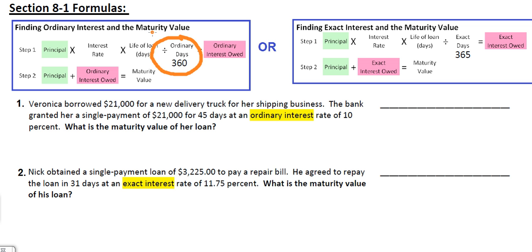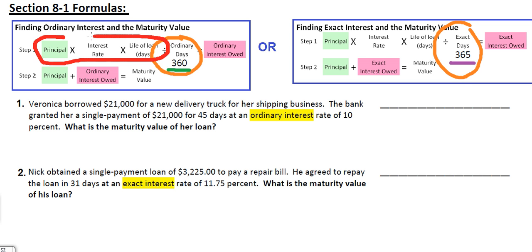And if we are, it will always be 360. Or are we using exact days? And if we're using exact days, it's always going to be 365. So, what you will find is that when you read the problems, you can get all of this info from the problem. But you're always going to divide it by either the ordinary days or the exact days.